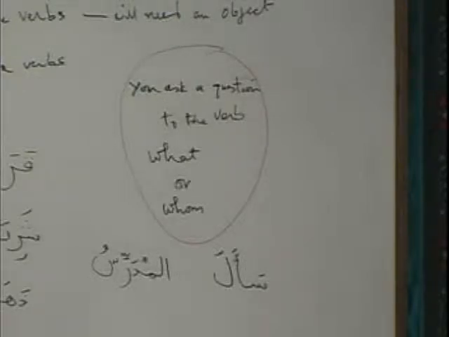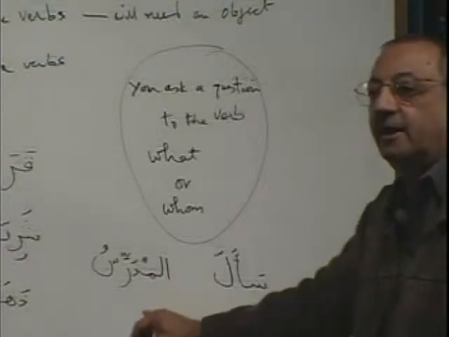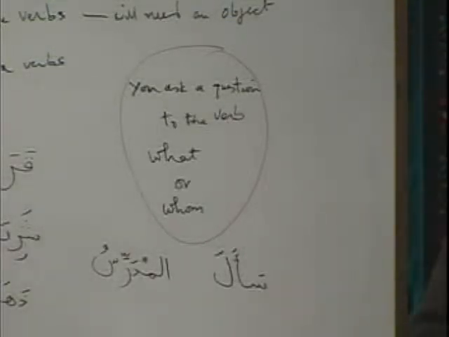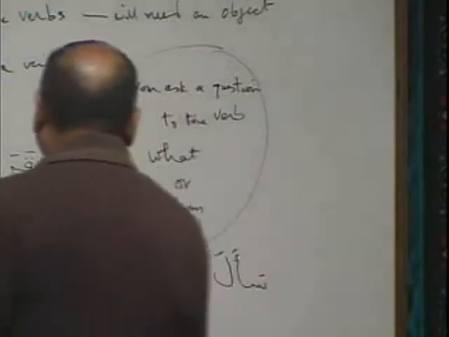So then definitely Mudarris is going to ask some individual. He's not going to ask a chair or a table, but he's going to ask some individual. So then Sa'ala al-Mudarrisu, and if I say it was Hamid who was asked, so what will you say? Sa'ala al-Mudarrisu Hamidan. Are you with me? I will write down. Here, Hamidan.